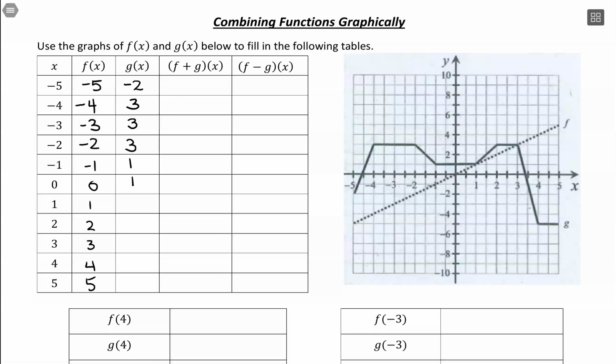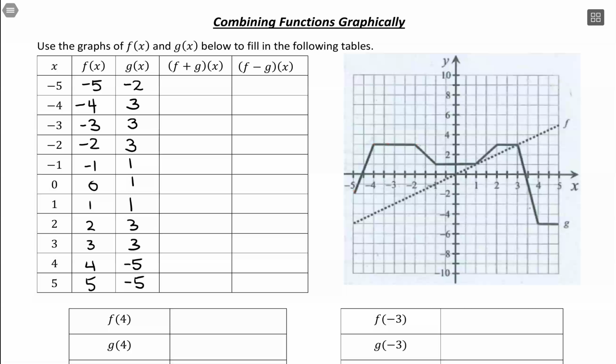At 0, +1, 1, 1. At 2, we have our output of 3. At 3, we have an output of 3. At 4, we're down here at -5. And at +5, we're at -5. So just going through and looking at the coordinates and grabbing those output values.